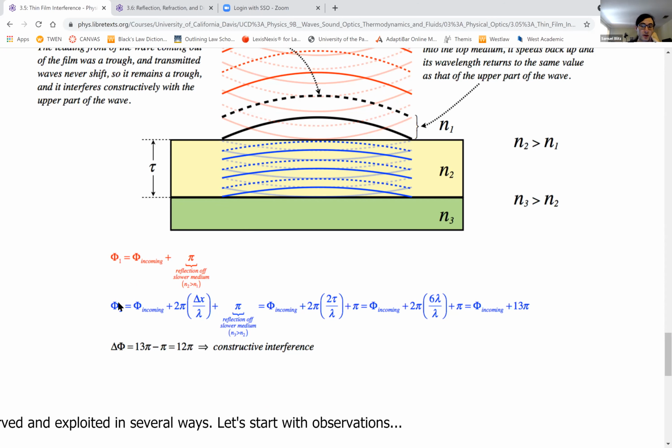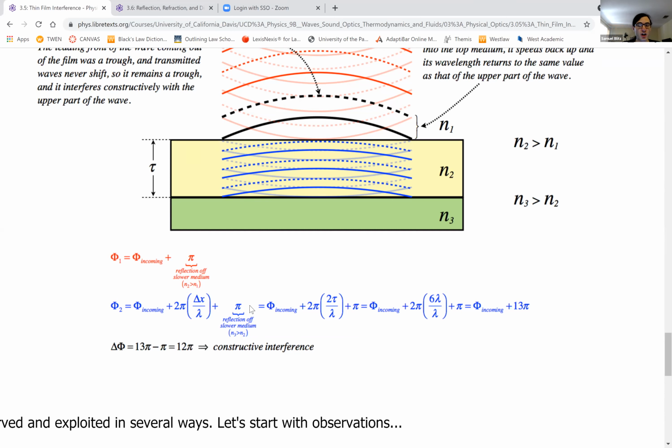For the second wave, it starts off with the incoming phase, and then it travels a distance equal to 6 total wavelengths, right? In this case, and then we multiply that by 2 pi to get the total phase change.